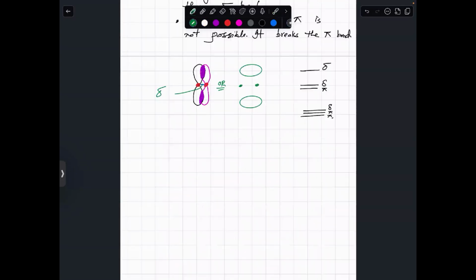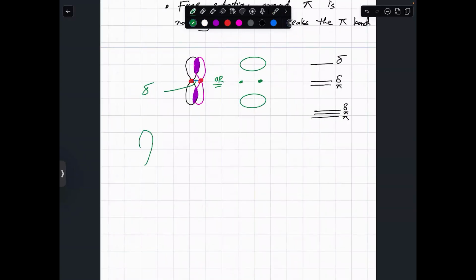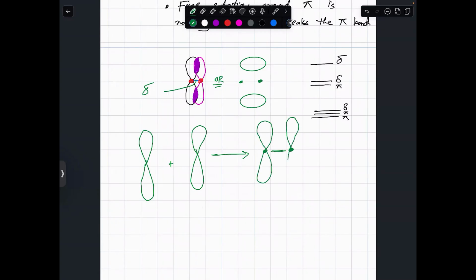In 2p orbitals, look, this is one p orbital, this is another p orbital. They are brought closer. There is the sigma bond. They overlap above and below. They make what? Pi bond. And it is exactly this thing, right? And this is the representation.